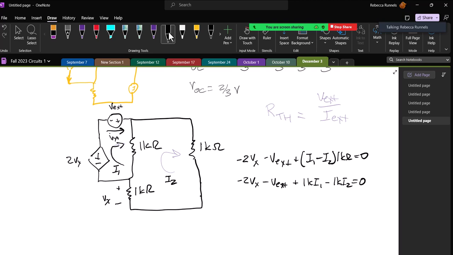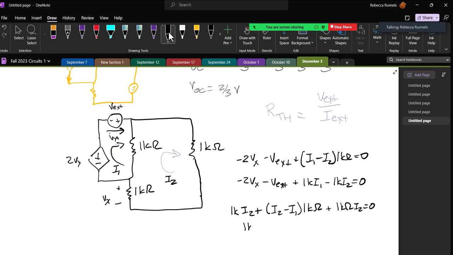Now my bottom mesh, I'll start by going through this 1 kilo ohm resistor, so it'll be 1K I2 plus, and then I have the shared resistor, so that'll be I2 minus I1 times 1 kilo ohm. And then I have this last one here, plus 1 kilo ohm times I2 equals 0.